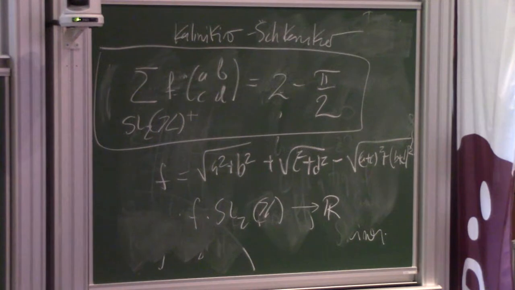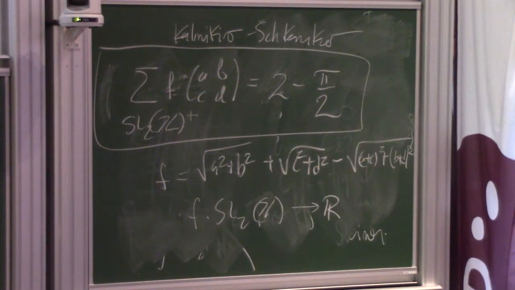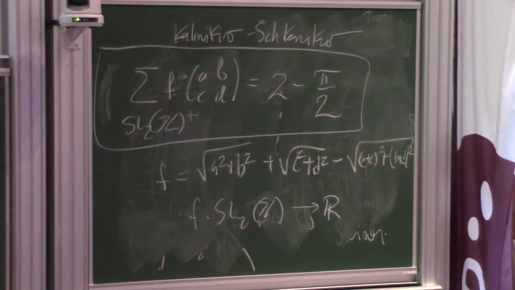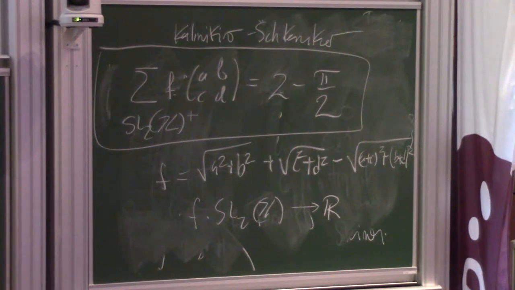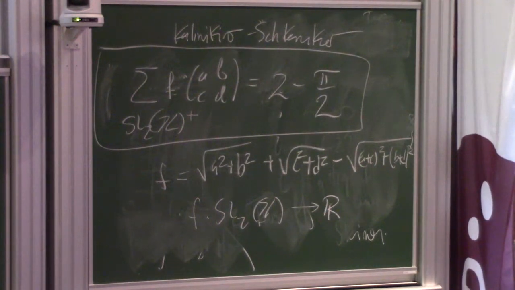The sum of infinitely many numbers given by this function is equal to one number, which is minus one. Series are confusing, I know. F of A, B, C, D is a formula written here, but there should be another bracket then.